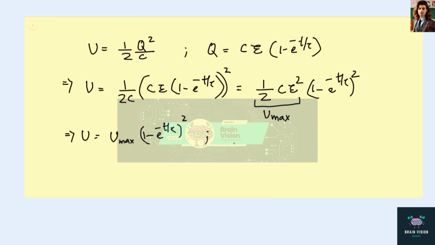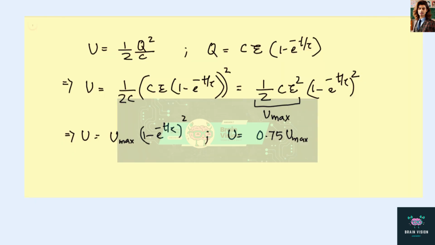And we know that U at time t is 0.75 U max, which is basically 75% of the maximum potential energy. Let me repeat what the terms U and U max mean over here. U is the potential energy at a particular time t, and U max is the maximum potential energy, which we get at t equals 0, because according to this equation the potential energy keeps exponentially decreasing with time.